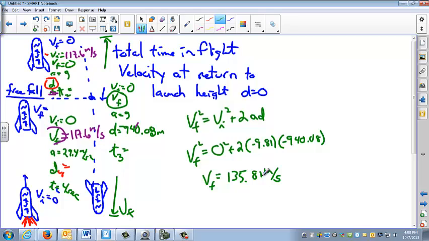There's a slight problem here though, because I know that the rocket is traveling in a downward direction, but my velocity came up positive because I've got a negative 9.81 and a negative 940 for the distance, which makes sense. So when I take the square root, I'm getting 135.